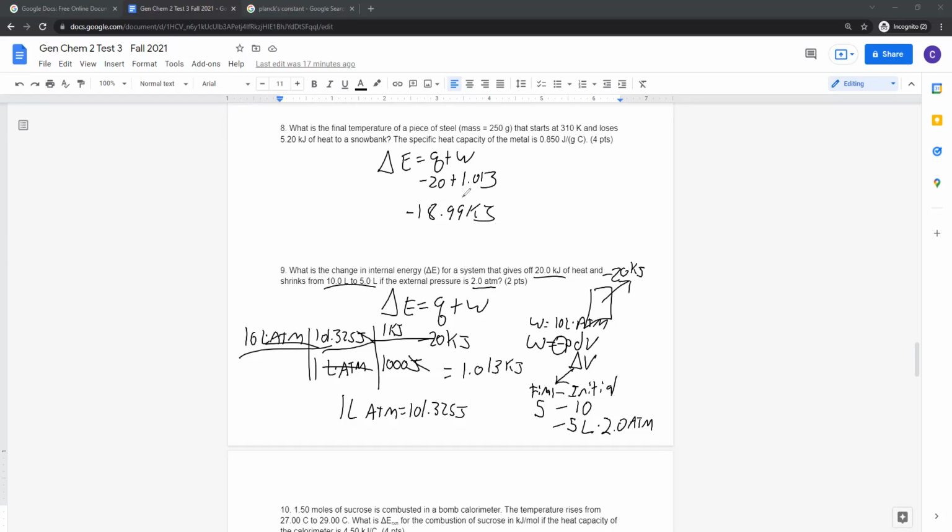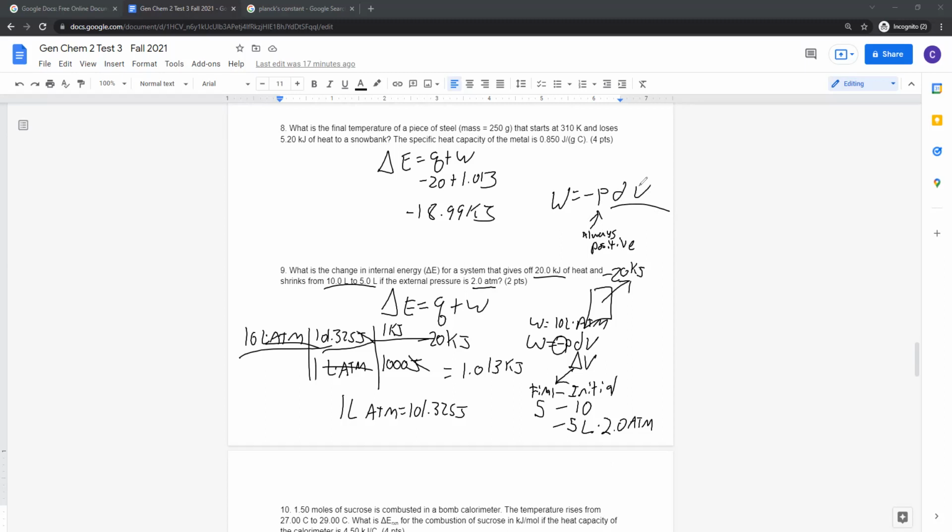So for work, either pressure is negative. Well, pressure can't be negative. The equation is, right, work equals negative pressure delta volume. So pressure is always going to be a positive number. So whether work is positive or negative depends on the change in volume.